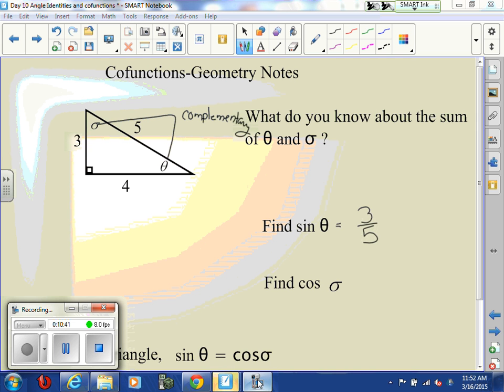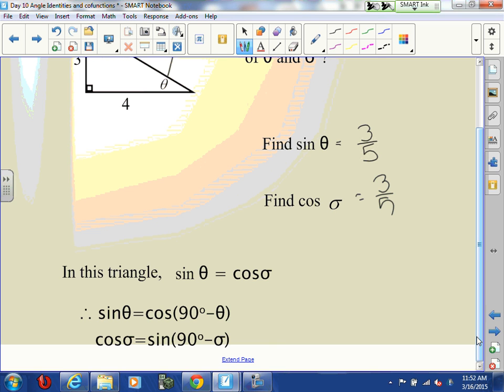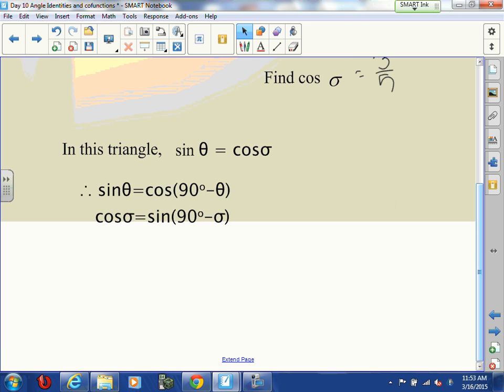This is omega. 3 over 5. So then we say that these are cofunctions because they have the same trig value. Because the sine theta's value is equal to cosine omega's value, we can work it so that we have this cofunction. Remember, I said I like sine on the left, cosine on the right. It can be switched around. But you know that the two angles have to sum to 90.